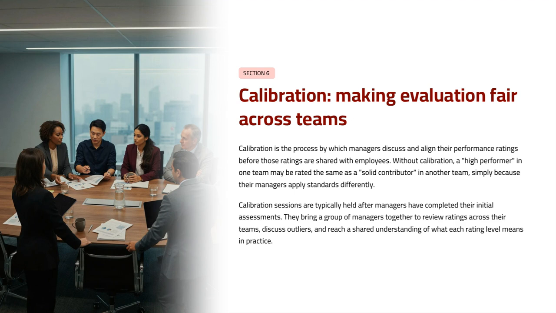Calibration sessions usually happen after managers finish their initial assessments. They review ratings across teams, discuss any outliers, and agree on what each rating level truly means in practice. This ensures consistency and fairness in how performance is evaluated.